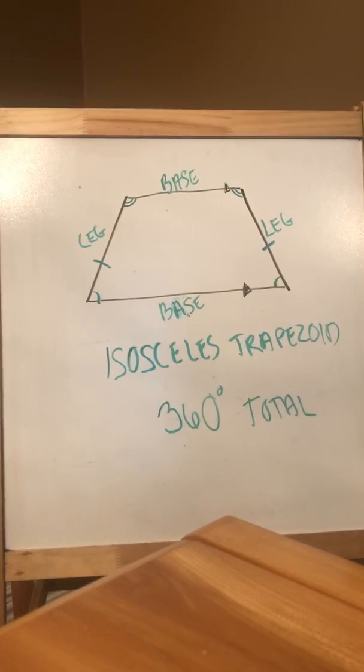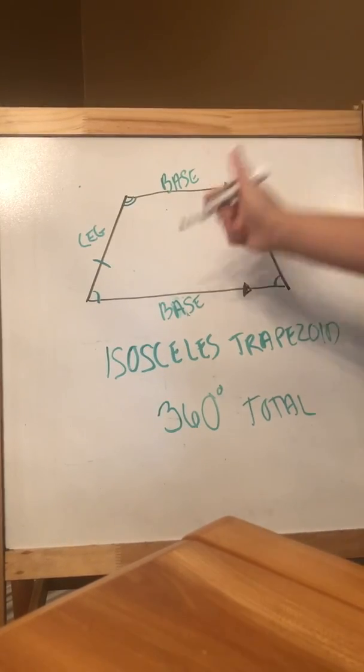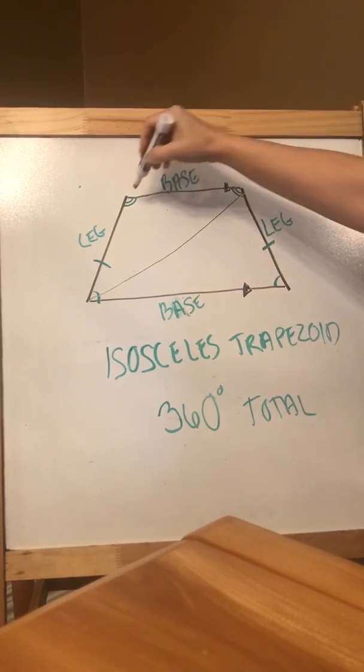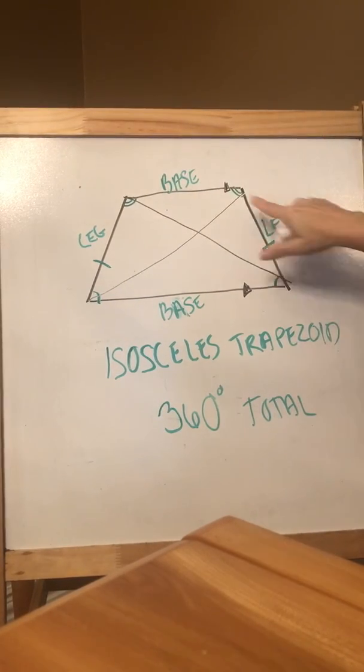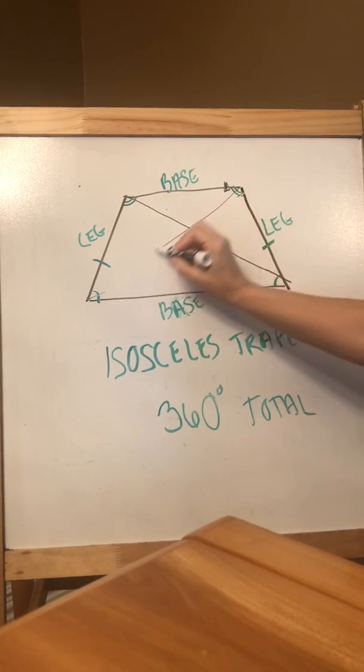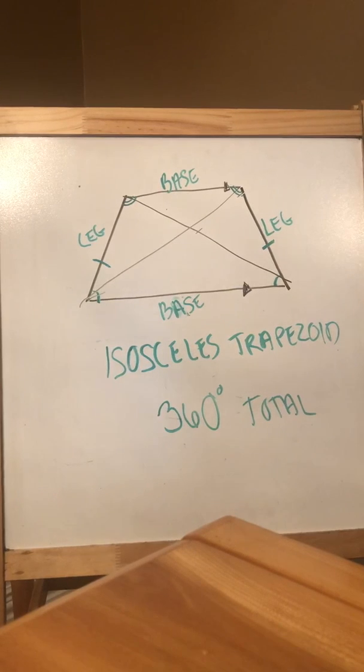The next one says isosceles diagonals theorem. So we haven't done that one. Let me put that up here. As we draw our diagonals here in our trapezoid, what the isosceles trapezoid diagonals theorem is going to say is that these diagonals are going to be congruent to each other.